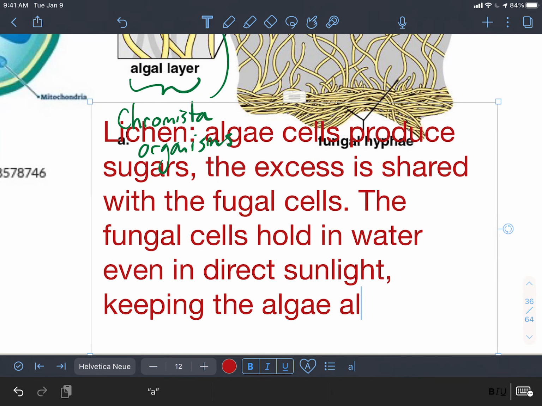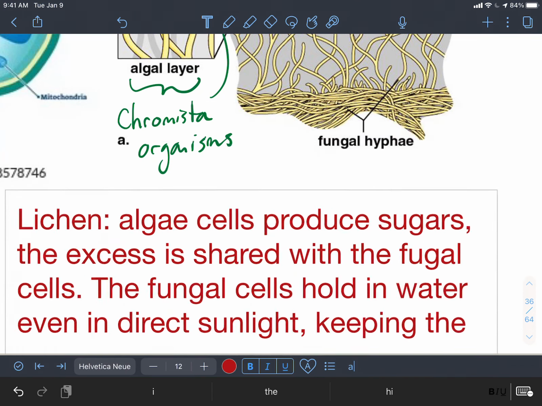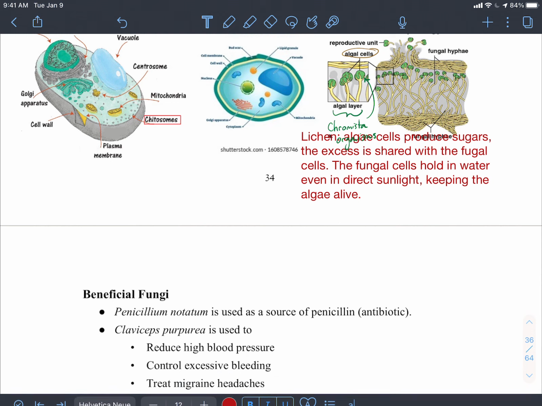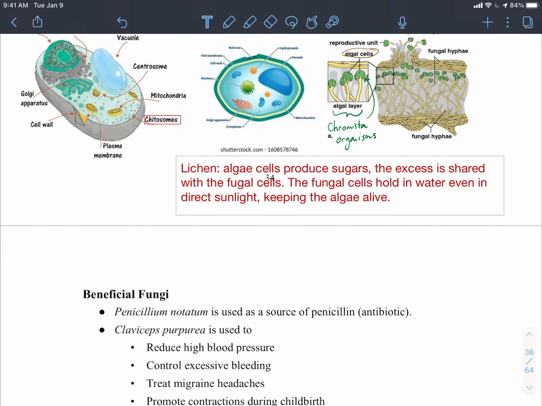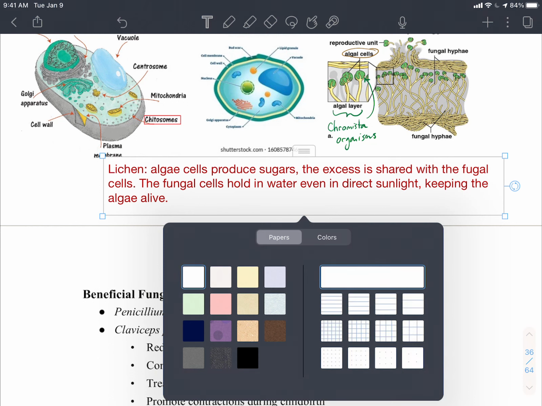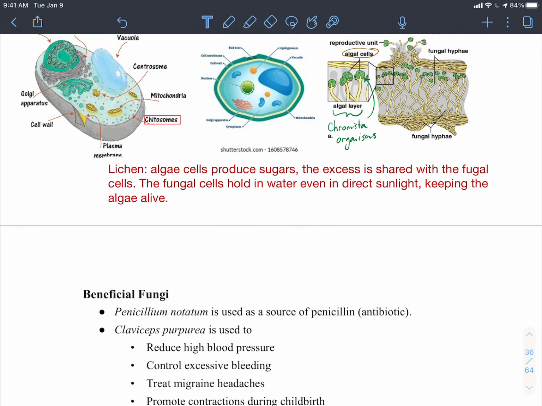So typically we think about algae, if you're like me, and I don't know if you do, but when I think about algae, I think about how algae are really found in water. It's an organism found mostly in water. And so I don't really expect to see algae anywhere else except in an aqueous environment.